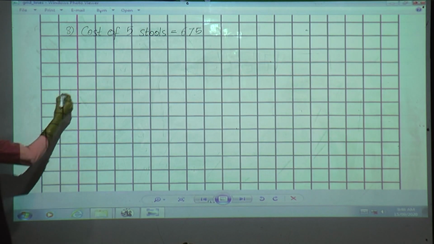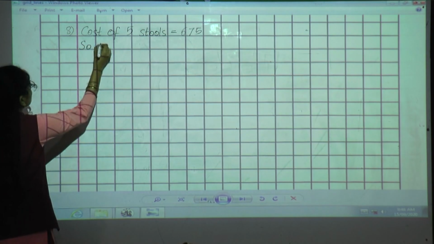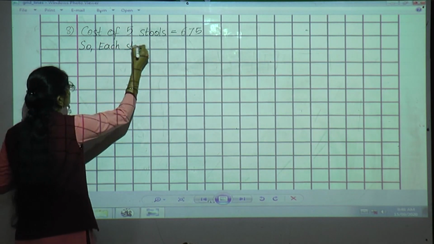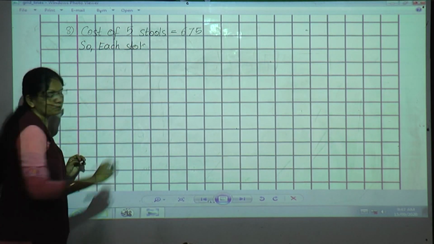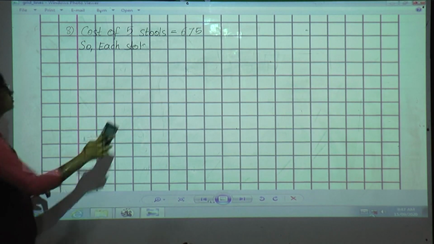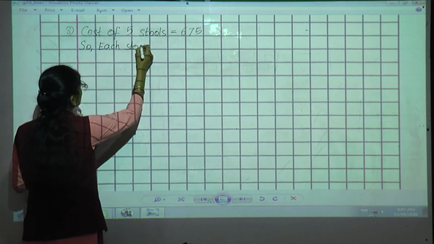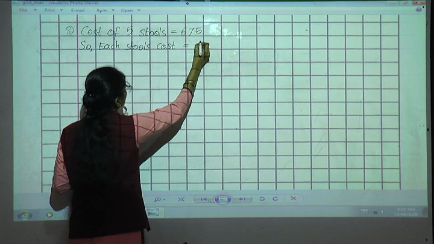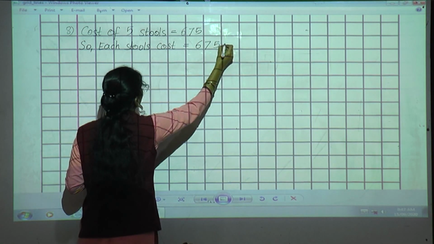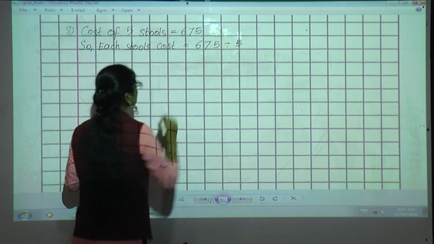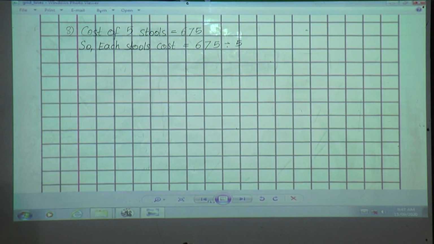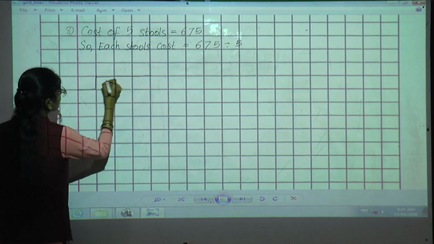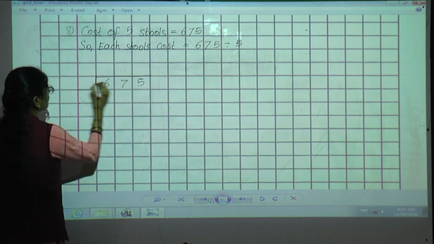So here we will write, so each stall's cost is equal to 675 by 5. Now solve this example. Do the division. 675 by 5.